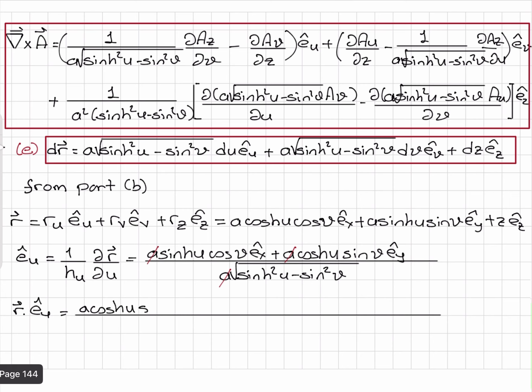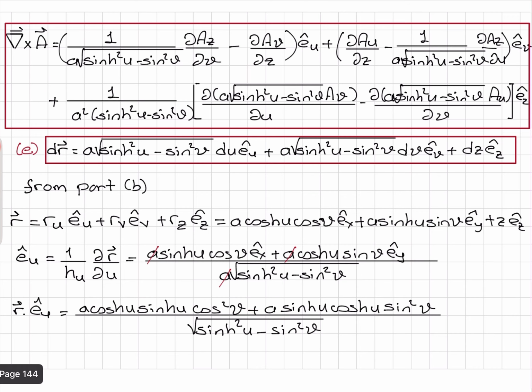So this will give me a sinh u cosh u sin squared v, divided by the square root of sinh squared u minus sin squared v. And I can see that I have a cosh u sinh u, a common term here.